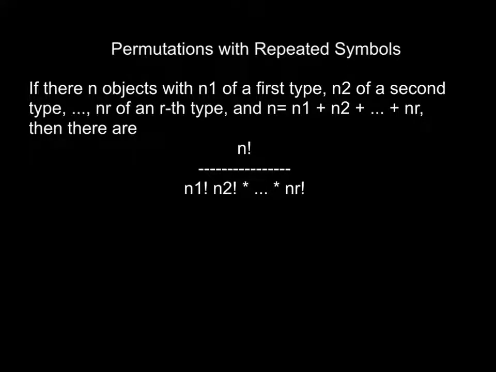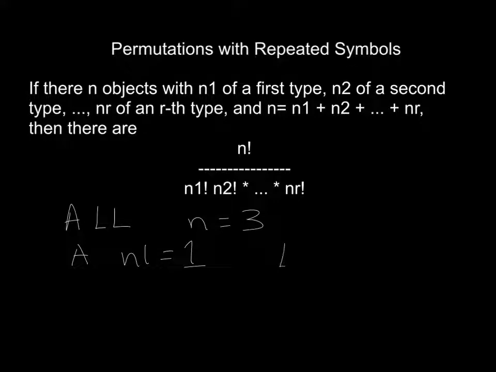So just using our last example, when we have the letters A, L, L, in this case we have 3 objects, so n is equal to 3. Our A is our first type, so n1 is equal to 1 because there's 1 A. Our L is our second type, so n2 is equal to 2 because there are 2 L's.